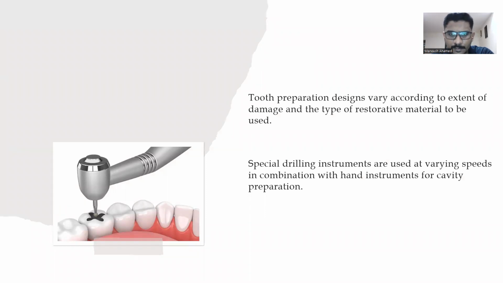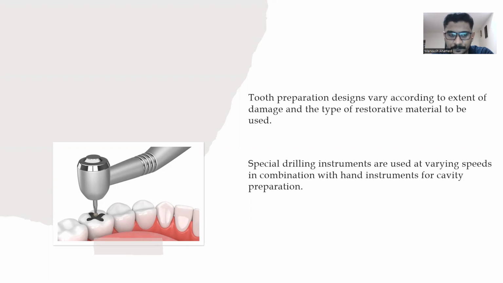For tooth preparation, there are several methods by which we do it, and all this depends basically on two factors: the extent of damage of the tooth structure and the type of restorative material which you are using to replace the damaged structure.